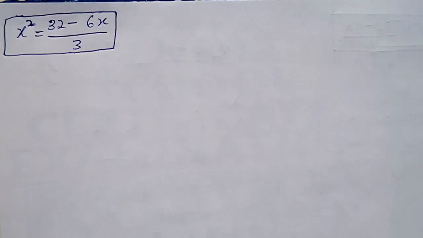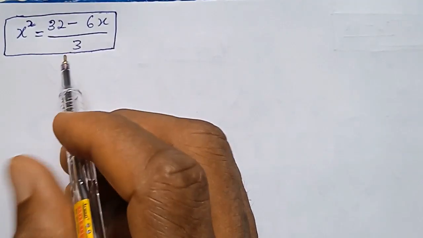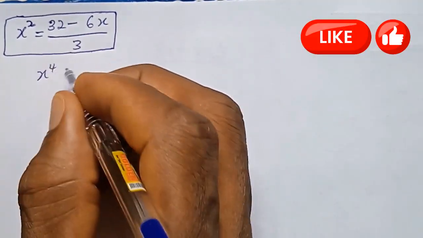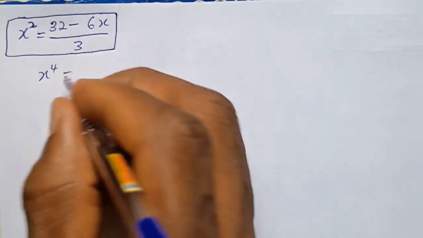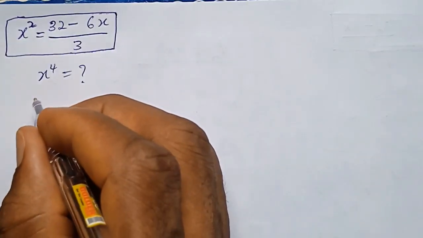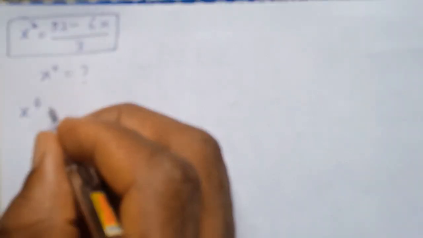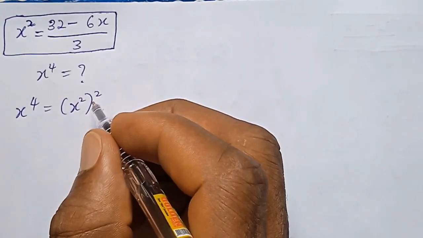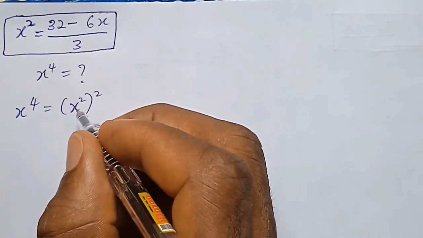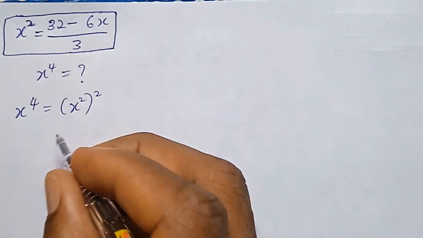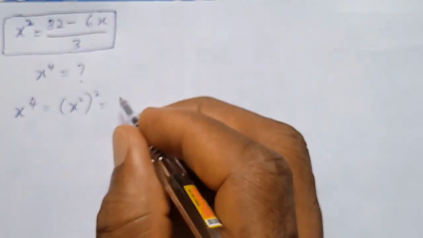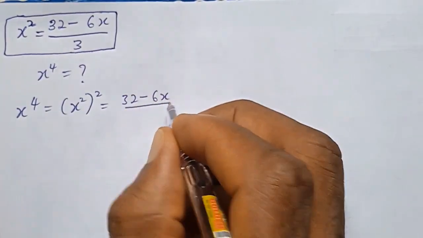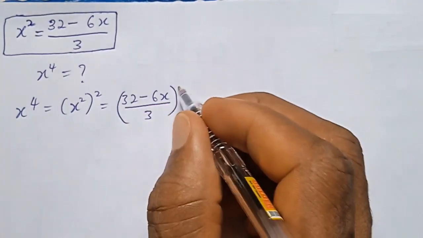Having computed the value of x squared, we then need to also compute the value of x to the power 4. What will be x to the power 4? It can be written as x squared into bracket power 2. So we input x squared into this bracket: 32 minus 6x over 3 raised to power 2.